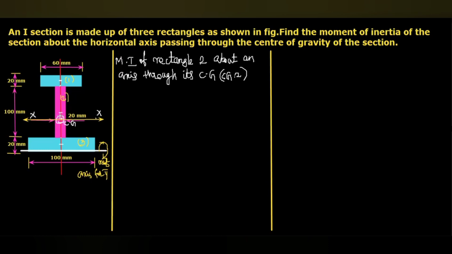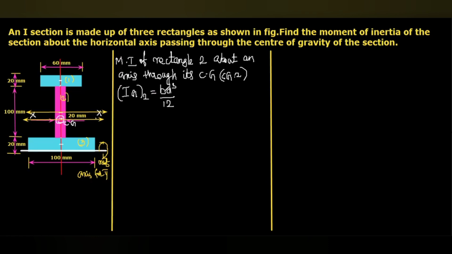Here you can see this one CG, this is CG2. That means we can take it with respect to this axis. Between these two axes, there is some difference. So that will be IG2, or IG of the rectangle 2, that is bd cubed by 12.